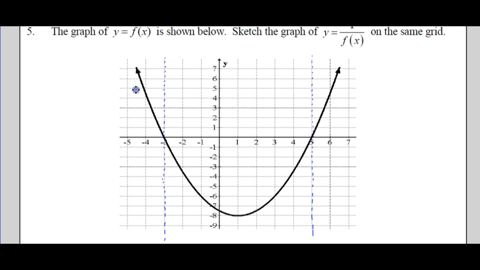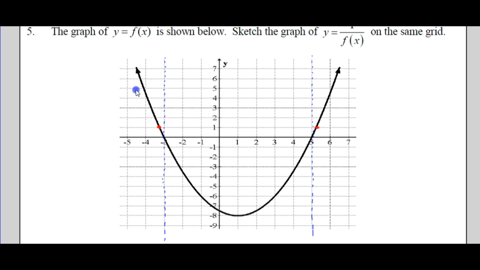When the original function is 0, the reciprocal is going to be 1 divided by 0. I can't do that, so I'm going to have a vertical asymptote. Next, I know that there are invariant points wherever y is equal to 1. I'm just going to go along the line y equals 1 and say, here's an invariant point, and here's an invariant point, because 1 divided by 1 is 1.